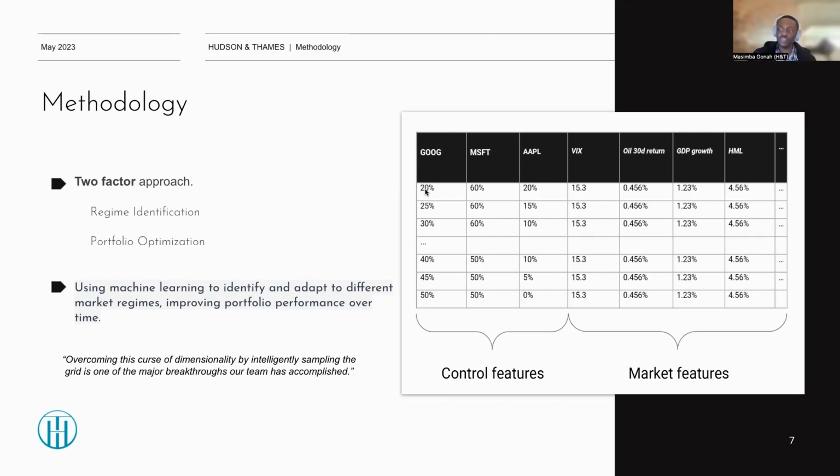So looking at the first row, we could assign, loosely saying, 20% of our money to Google, 60% to Microsoft, Apple 20%, and so on. From the paper, you can see that there are infinite possibilities for allocating.